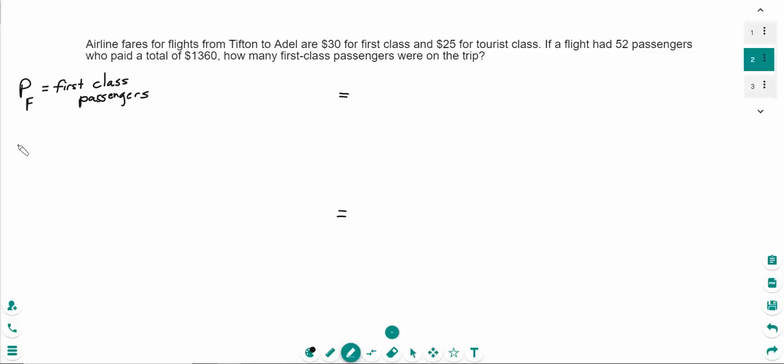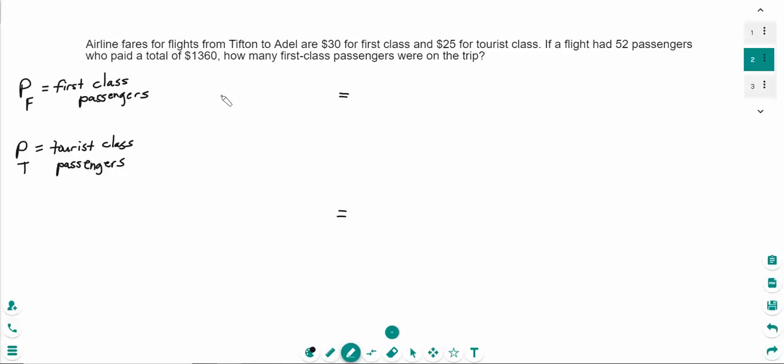Okay, and then we could say P sub T for the tourist class passengers. And this is generally kind of where you need to start. You need to figure out what variables they are asking for, and how you are going to denote them in the equations.